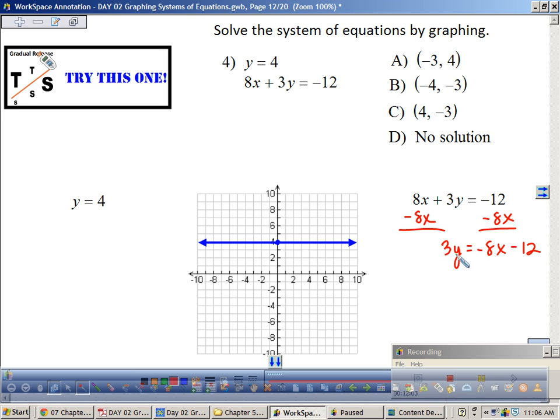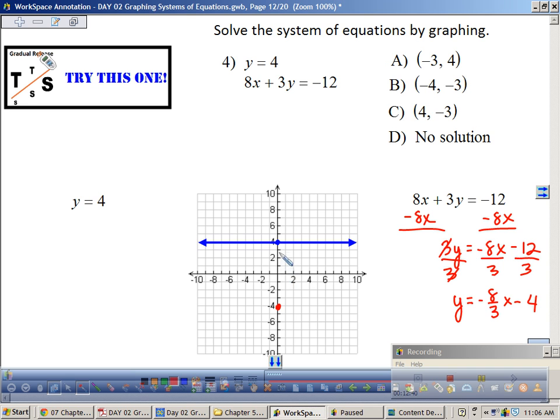Can't subtract because they're being multiplied. Divide. Divide everybody by 3. And I get y equals negative 8/3 x minus, what guys? 4. Perfect.